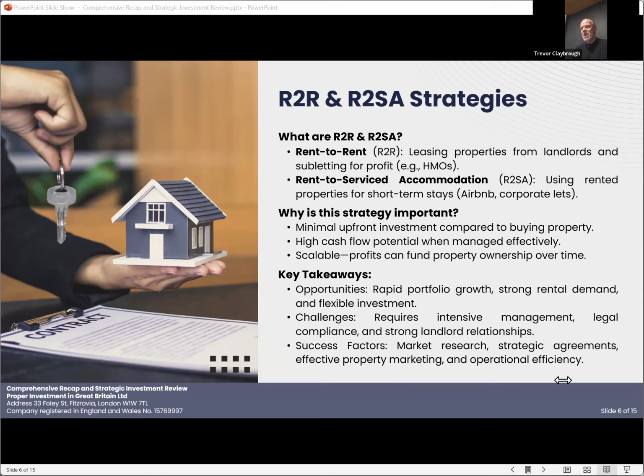COVID killed that, but I've still got a few rent to rent that we rent to HMOs. Not that we were specifically searching, but people said, look, I've got a house, what can we do with it? And we said, okay, happy to take it on, we'll give you the market rent. You know us, so we don't need to bother with a deposit. And yeah, it works out fine.